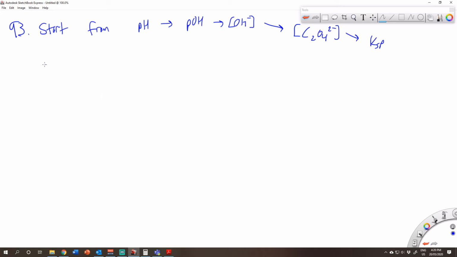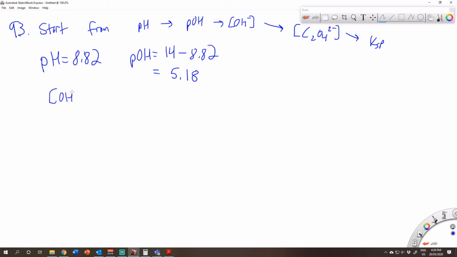So the pH, it tells us, is 8.82. So from here, we can then calculate pOH, because pOH is just 14 minus 8.82. And that gives us an answer of 5.18, I think. Yes, 5.18. Right, now we can calculate the concentration of hydroxide.